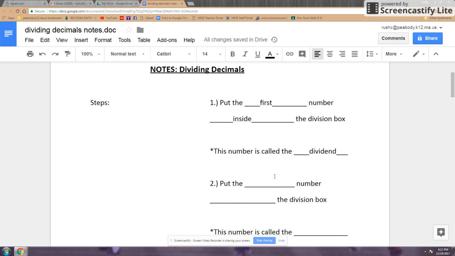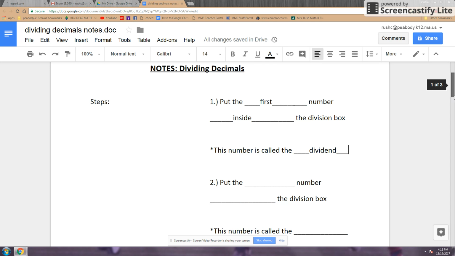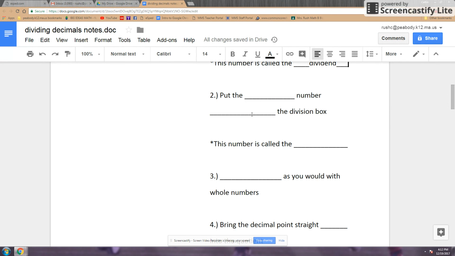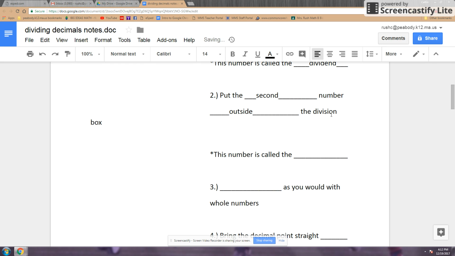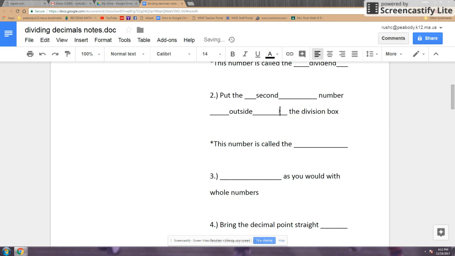Okay. Step 2. Put the second number outside the division box. This number is called the divisor.